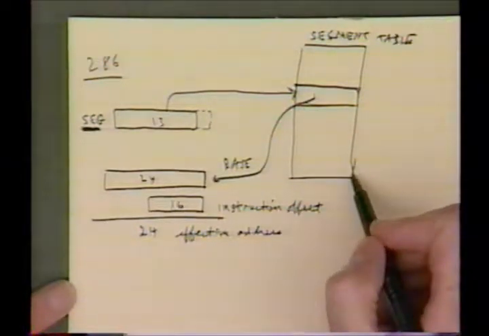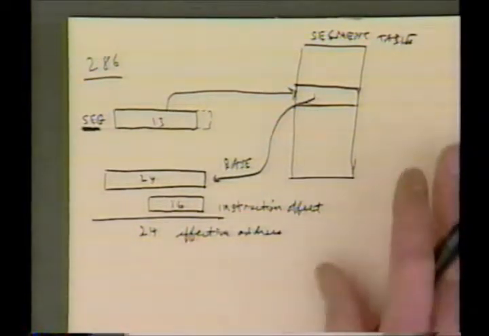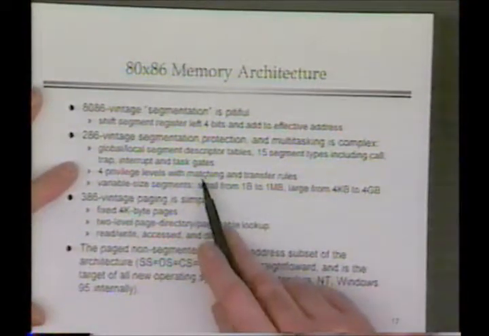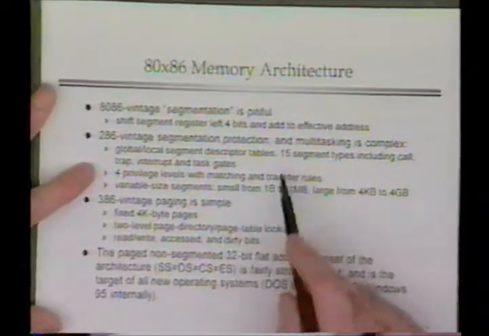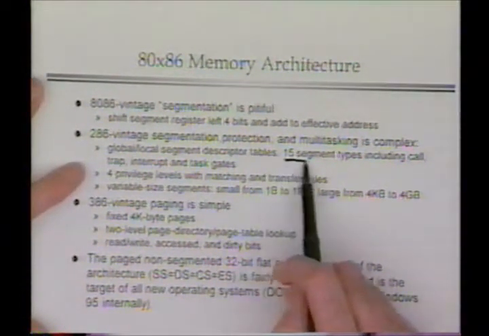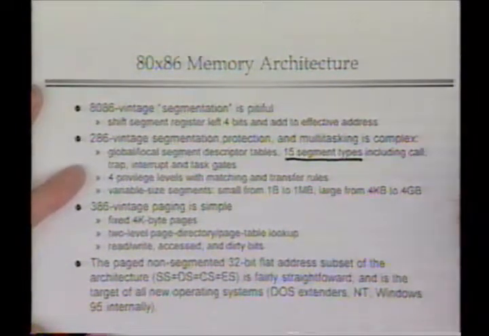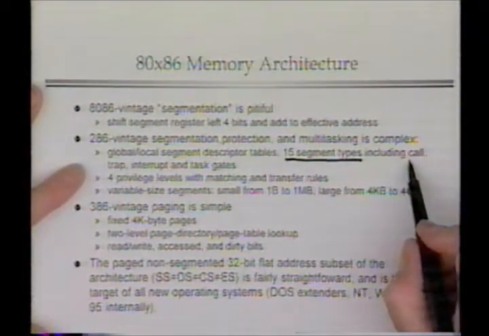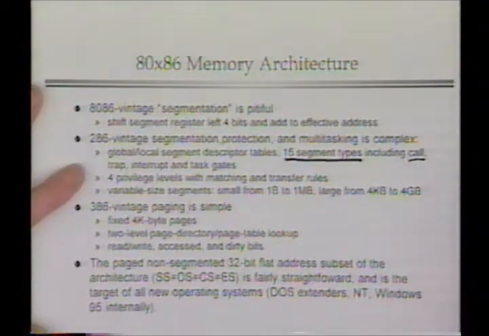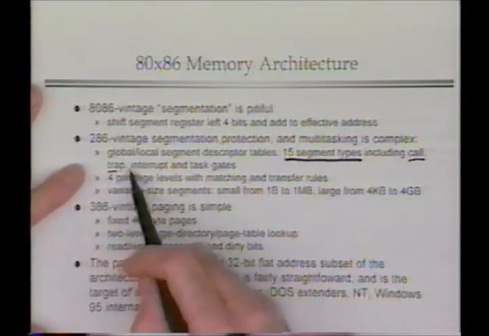One of the other changes they made as part of this extension to the 286, in addition to address segmentation, was the addition of lots of other complication for tasking and interrupts. And in fact, there are 15 types of segments, only some of which are memory blocks. Some of those segment types represent calls, they represent procedures, they represent traps or interrupts.